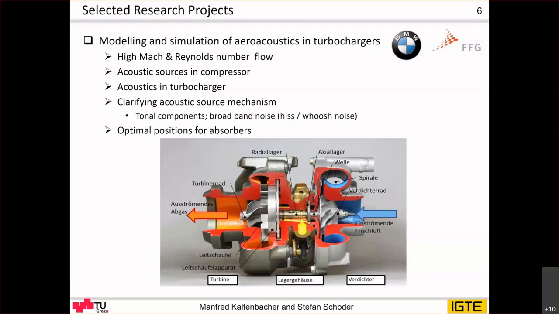The Mach number is just the velocity of the fluid over the speed of sound, which is 340 meters per second.